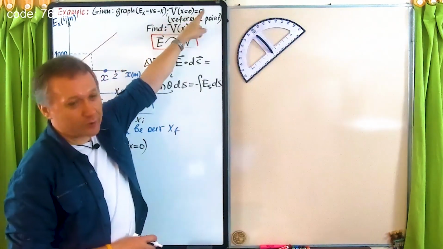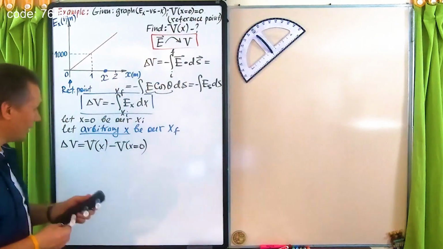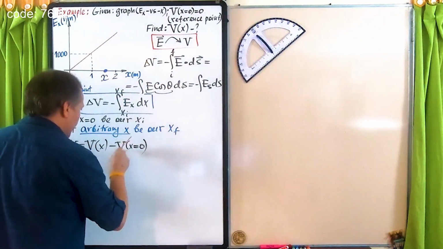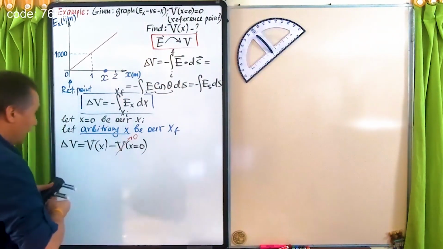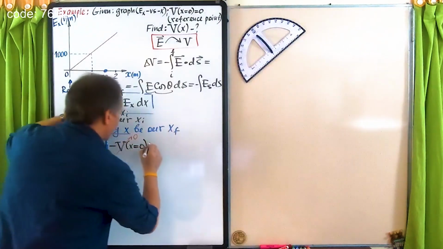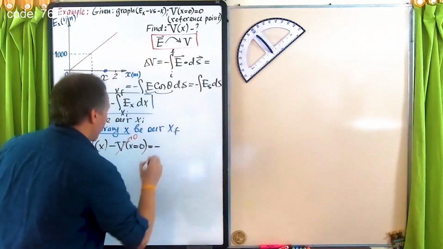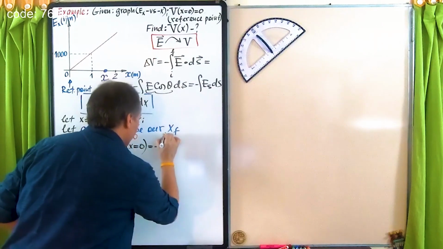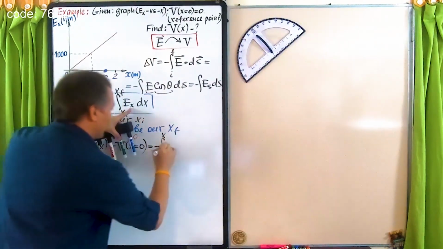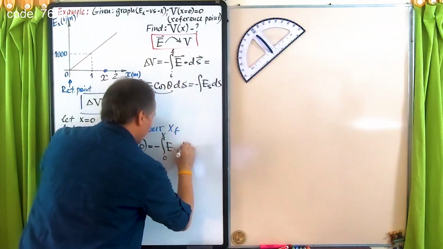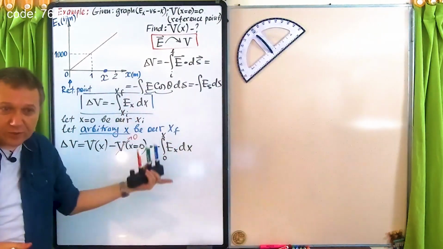V at x equals 0 is our reference point, so this is 0. And the right-hand side is minus the integral from 0 to x of Ex dx. I'm just rewriting it. And which is an area?